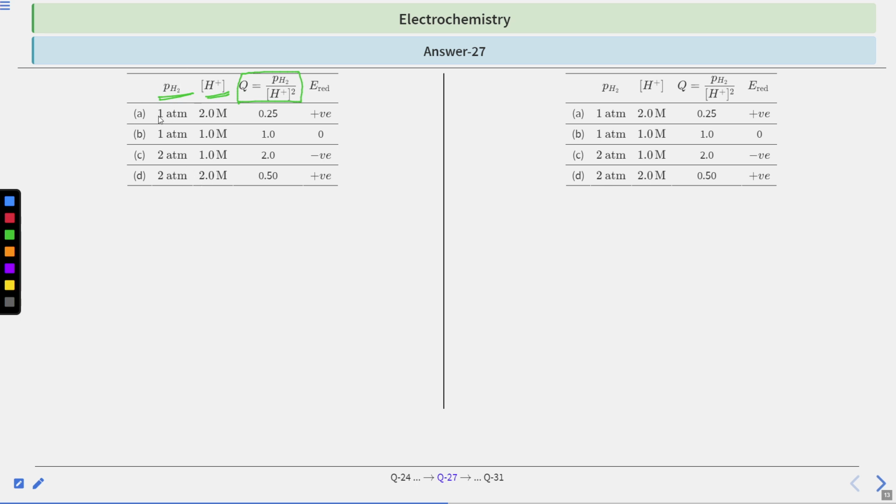So in option A, pressure is 1, H positive is 2 molar, so Q will be 1 upon 2 square, that is 1 by 4, that is 0.25. And E reduction will be positive for this.